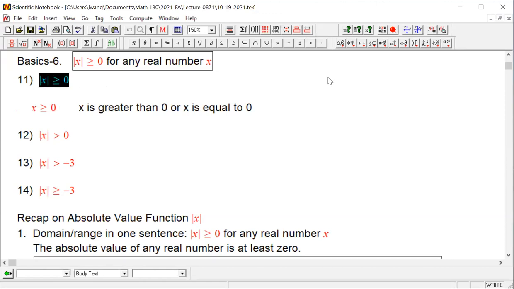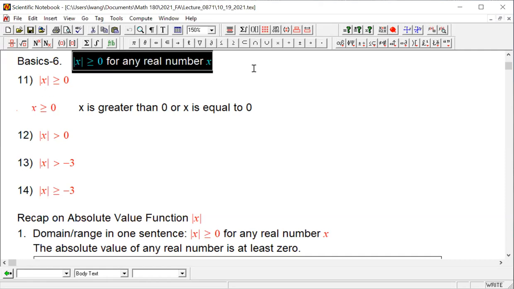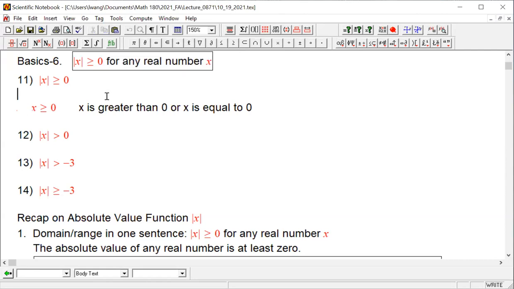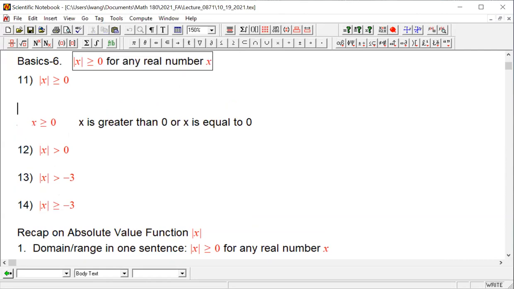Are you sure about that answer? Suppose we're arguing in a court. That's right, you got it. In this case, this powerful statement is staring at our face, telling us the solution is all real numbers.